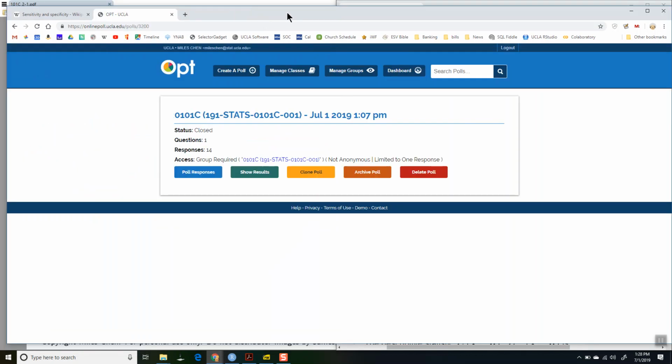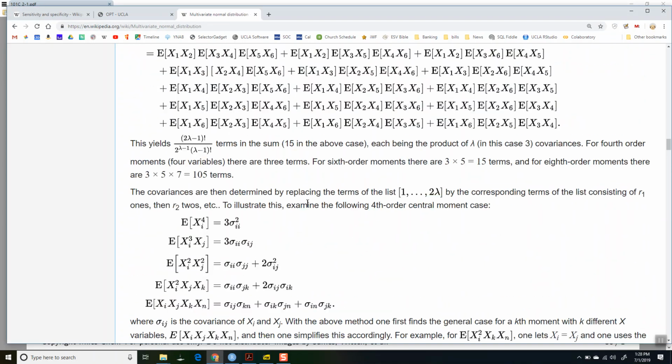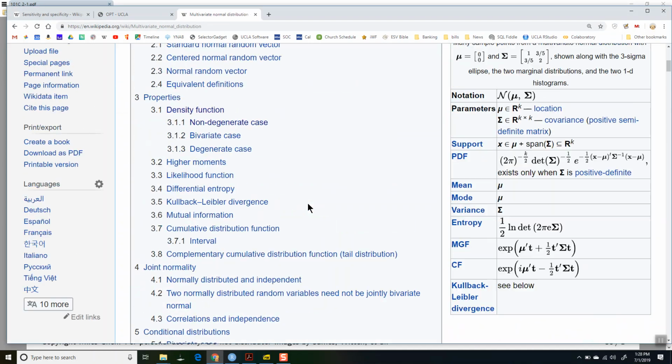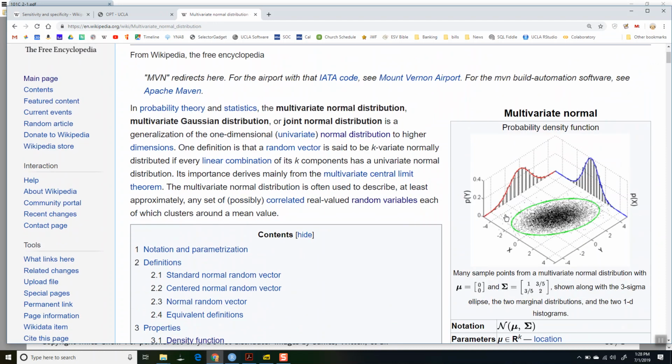So the multivariate normal distribution, the property is that when you plot it, it's going to look like an ellipse. But if you look at just one variable at a time, it has a normal distribution. If you deleted this variable and everything just dropped down, it's going to have a normal distribution.